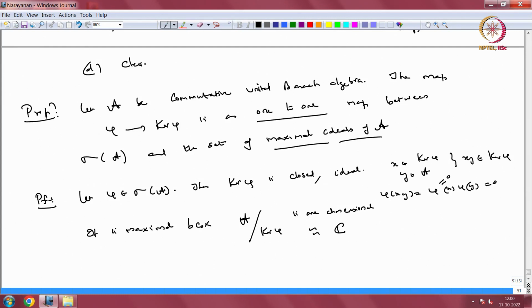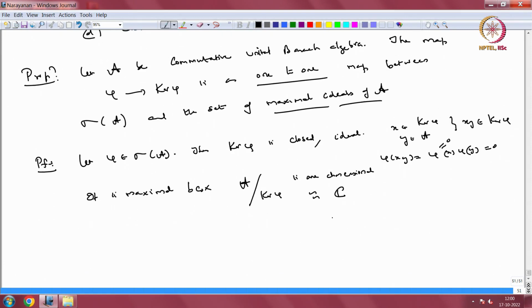So, whatever you are quotienting with has to be a maximal ideal. It is also easy to see that the map phi going to kernel of phi is 1-1.